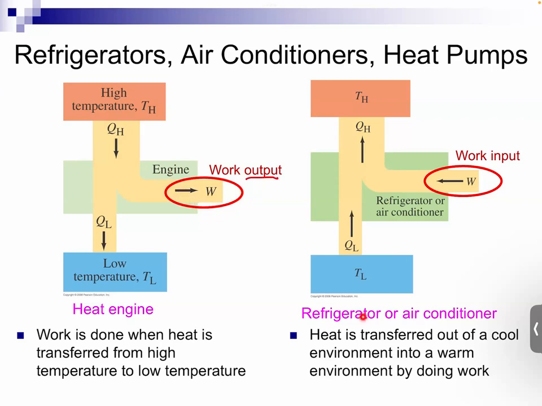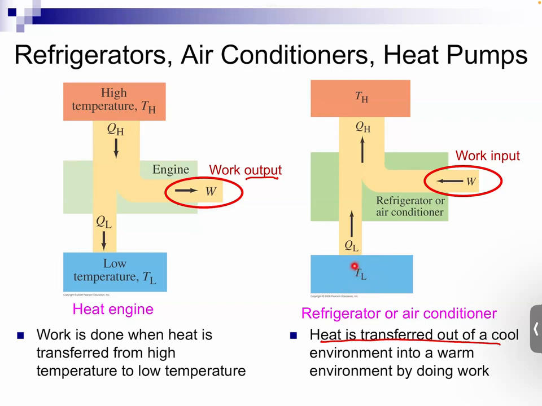On the other hand, for the refrigerator or air conditioner, we want to transfer heat from the cool environment of the refrigerator in order to maintain the low temperature of the inside of the refrigerator.